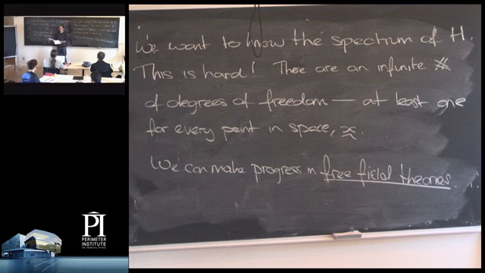And as you all know, that means that if you've got one solution, you can add it to a second solution and get a third solution. So these have Lagrangians which are quadratic in fields, which implies the equations of motion are linear.